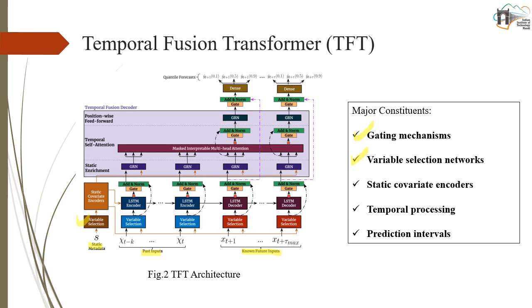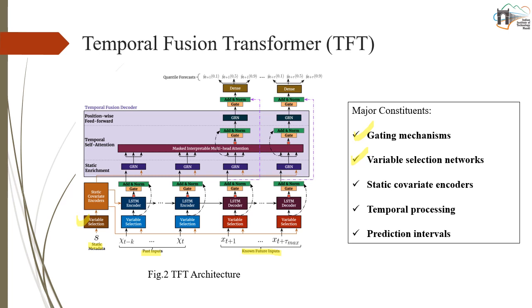By conditioning the temporal dynamics on these context vectors, our model captures the influence of static covariates on the time series data, and this integration allows the model to exploit the valuable insights provided by the static features and enhances its forecasting accuracy, especially in scenarios where the static factors play a significant role in our forecasting problems.